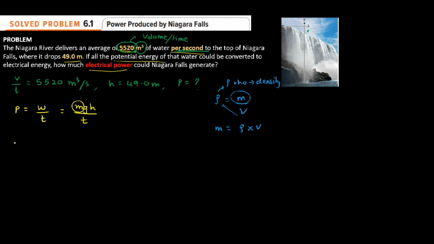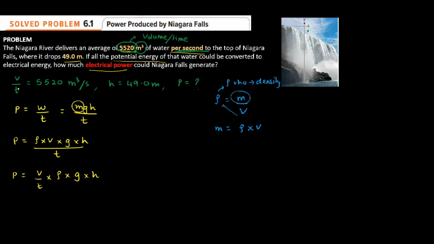I will rewrite my power P as, in place of mass, I will write rho times V into g into h over T. In my expression for power here, I know what is V over T. So let me write them separately. V over T into rho into g into h.